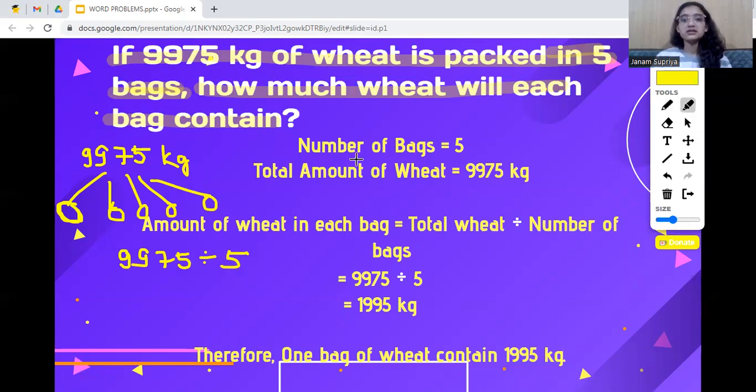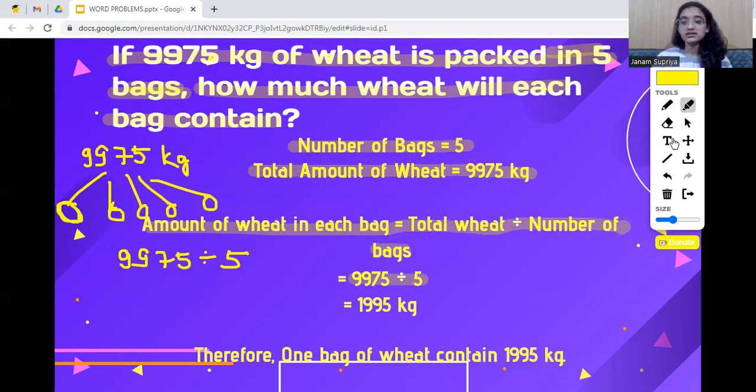It's what is written here. Given: number of bags equal to 5, total amount of wheat is equal to 9,975 kg. The amount of wheat in each bag is equal to total wheat divided by number of bags, that is 9,975 divided by 5.